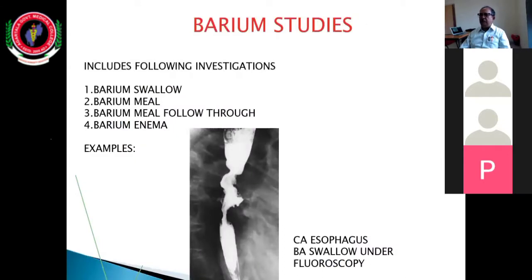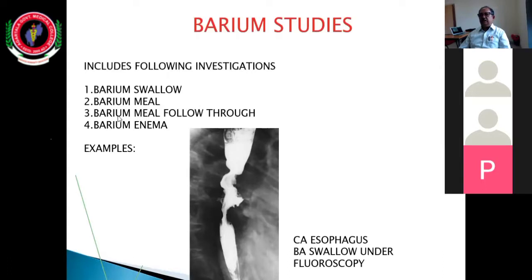Now come to the contrast studies. In the contrast studies, we are doing the barium studies. This is mainly the barium swallow study, which is mainly done to see the esophagus. Barium meal mainly to see the upper GI tract.